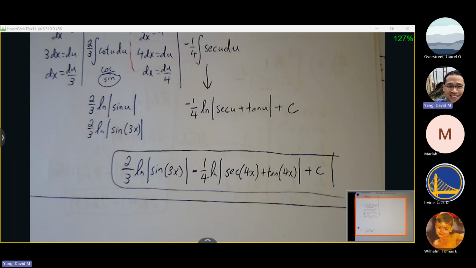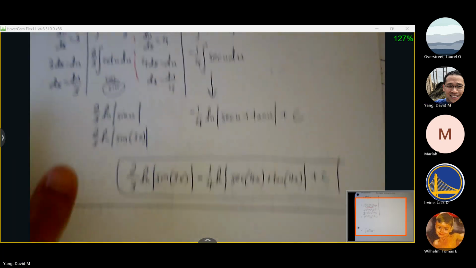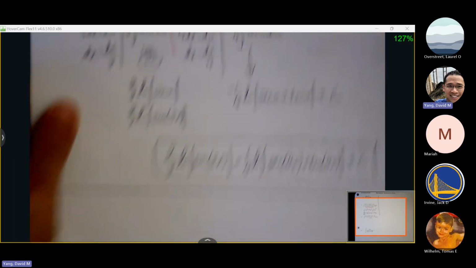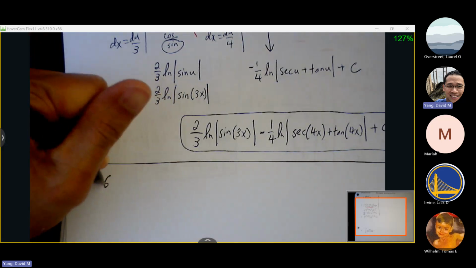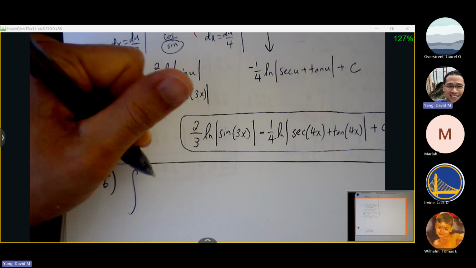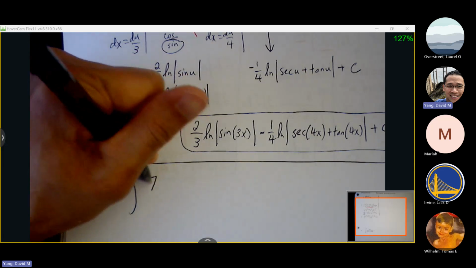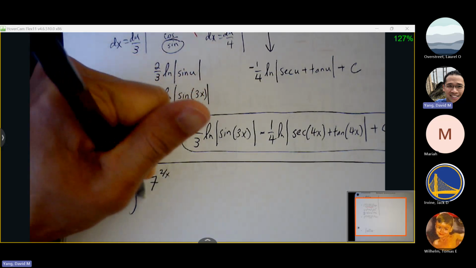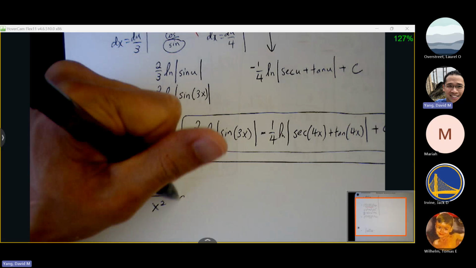Any questions with 5? Number 6, I think the paper kind of cut off that exponent a little bit. It should read 7 to the 2 over x, all over x squared.